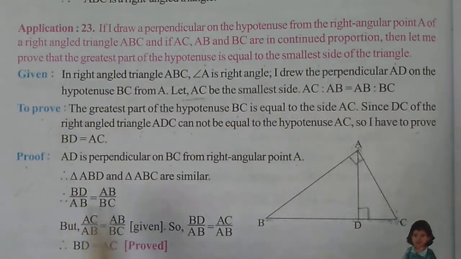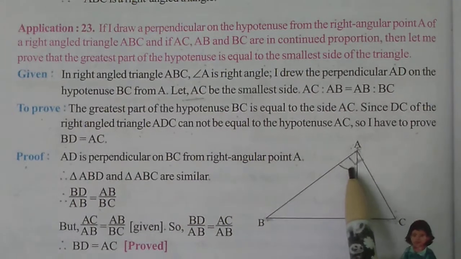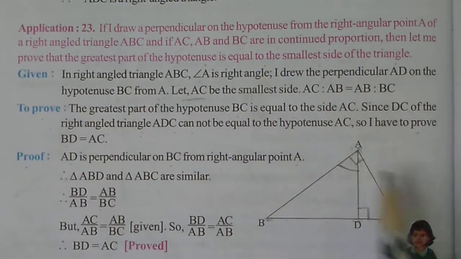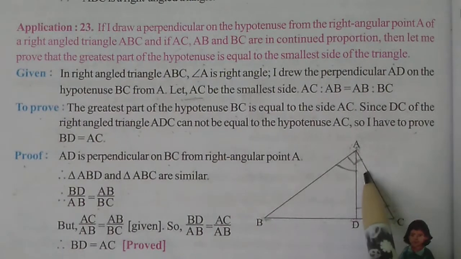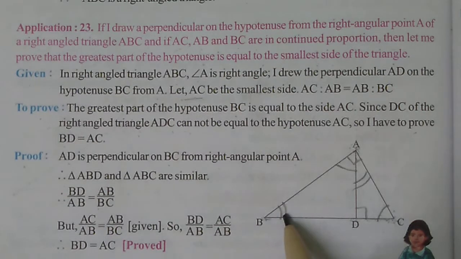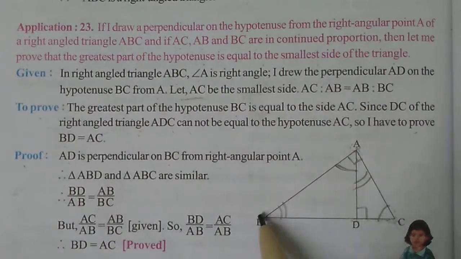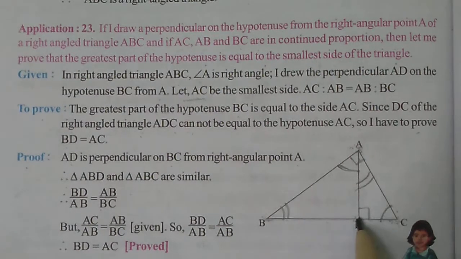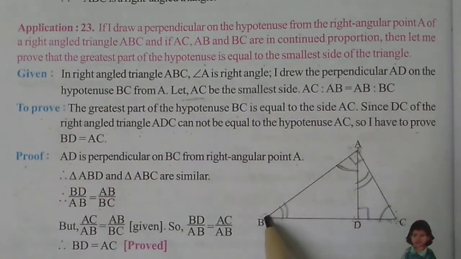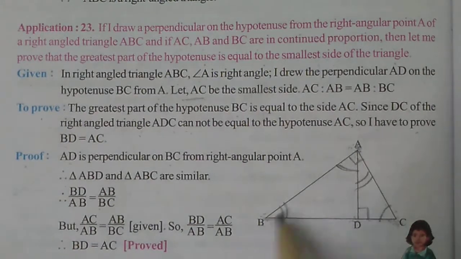In triangles ABD and ABC, this angle is equal to this angle, this angle is equal to this angle. Opposite side of angle BAD equals BD, and angle BAD equals angle ACB. Hence the opposite side of angle ACB equals AB.